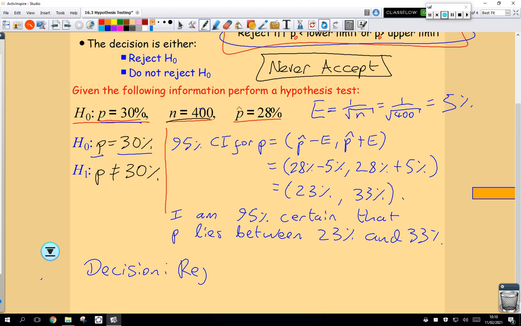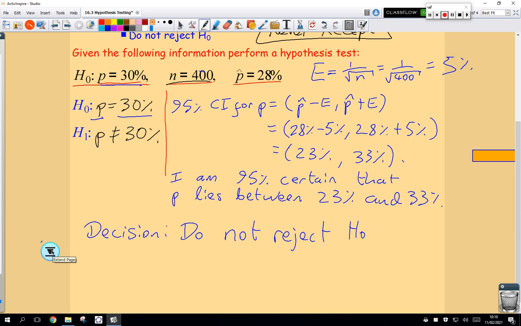is not to reject. I can only reject if it lies outside of my confidence interval. So, do not reject the null hypothesis. Why? Since 30% lies inside this limit, or belongs to the interval from 23% up to 33%.